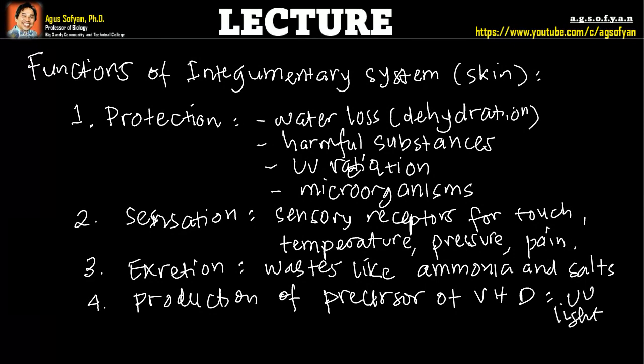So sunlight will increase the production of this precursor of vitamin D. That's the reason why people who live in areas with less sunlight might have a higher risk of getting osteoporosis. Also, people who do not like to take calcium in their diet will have a higher risk of getting osteoporosis.